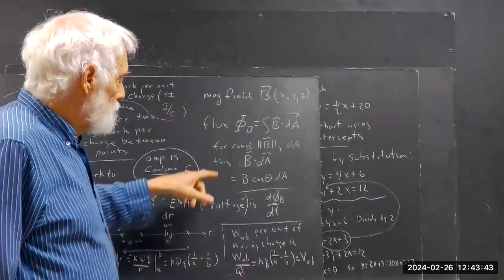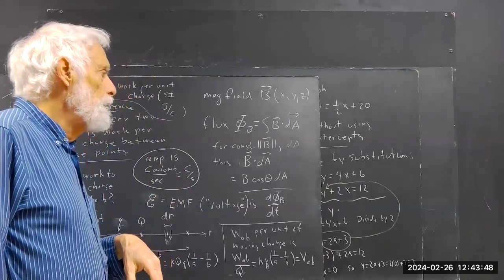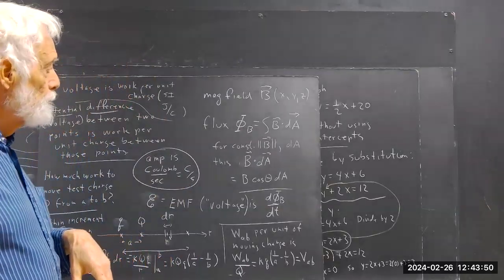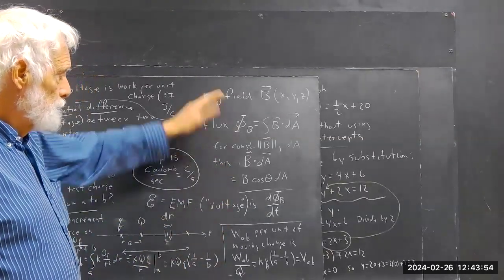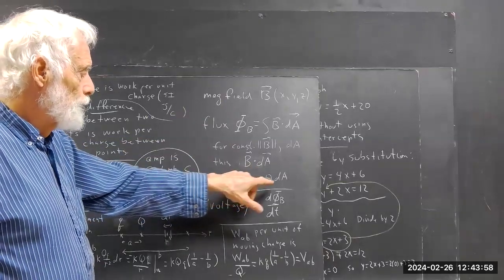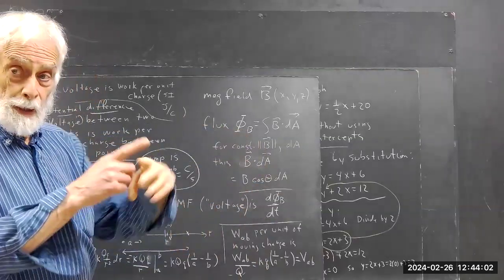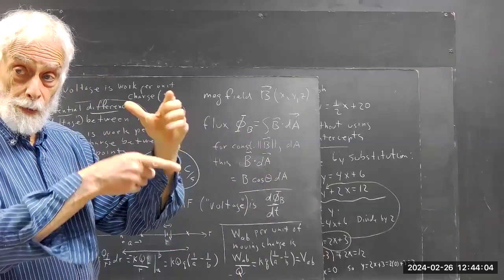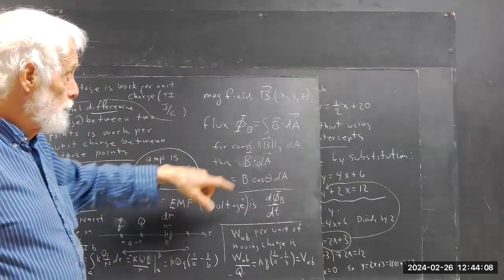Okay, if your magnetic field varies with time, and of course we have these relationships, you know, B dot dA is B cosine theta times dA. Cosine theta is the angle between B and your normal vector. There's your normal vector, there's B. Right, there's the angle between B and your normal vector.